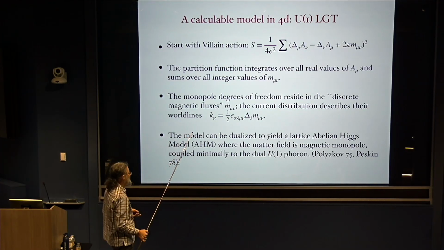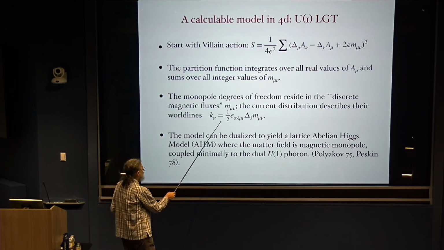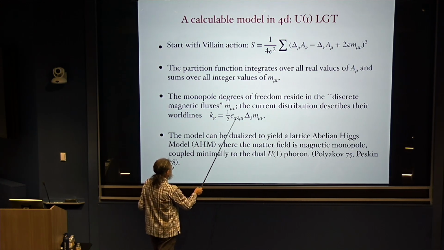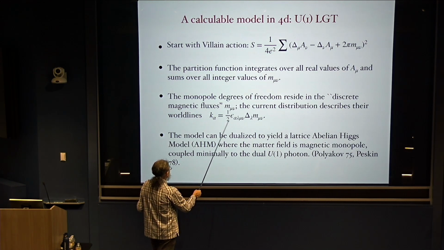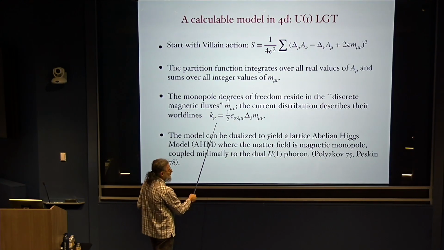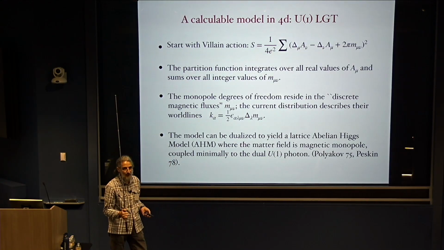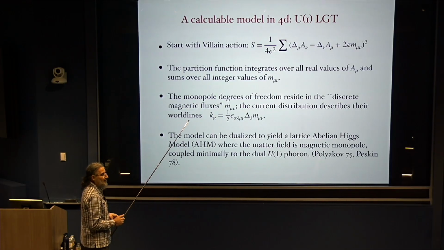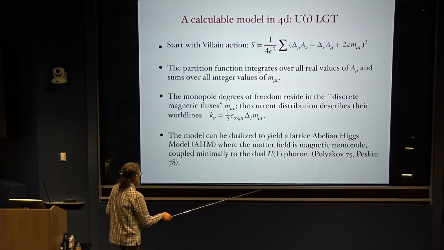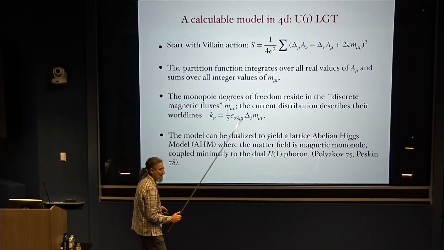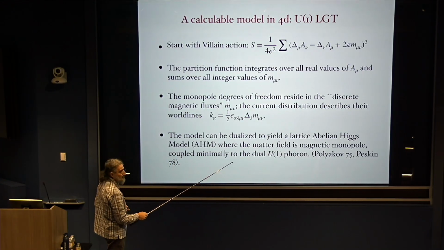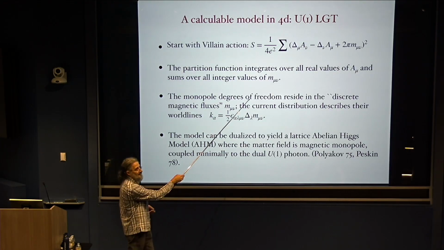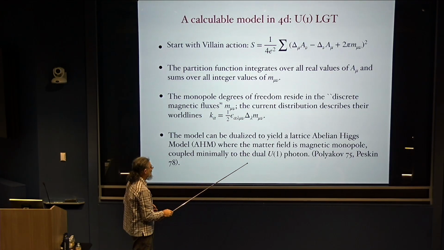They encode information about the discrete magnetic flux, mu nu. Actually, we can describe this object, and it will be the current associated with the world lines of these objects, which is very nice. A big achievement, in my opinion, of Michael Peskin is that at least in the strong coupling regime, he was able to dualize this theory rigorously.